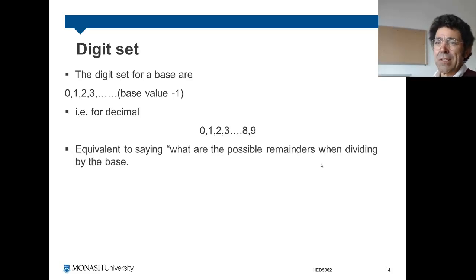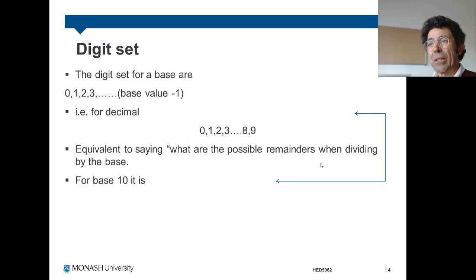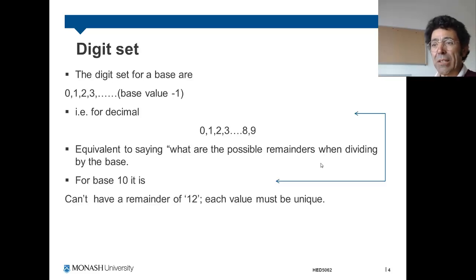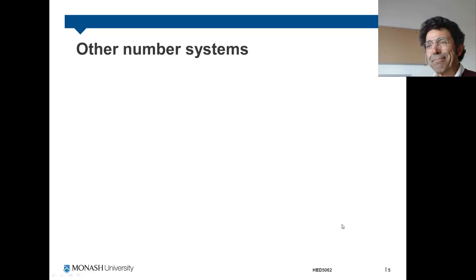And this digit set is really equivalent to saying what are the possible remainders when dividing by the base. So of course when you divide a number by 10 you can't get anything other than 0 to 9 as a remainder, because if you did then it would be divisible by 10. So you can't have a remainder of 12. Each value must be unique.